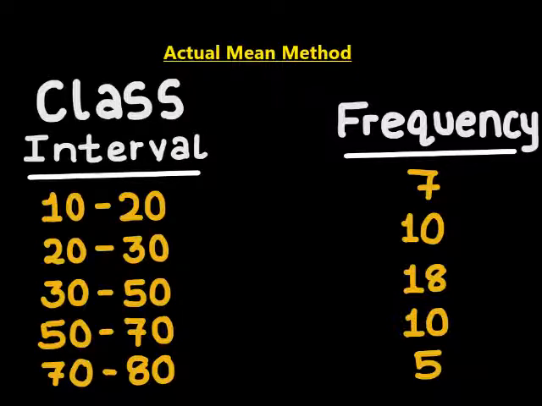With the actual mean method, standard deviation can be calculated in the following manner for the following data. Here we have data with class interval and frequency. The class intervals represent the scores secured in a particular examination: 10 to 20, 20 to 30, 30 to 50, 50 to 70, 70 to 80.